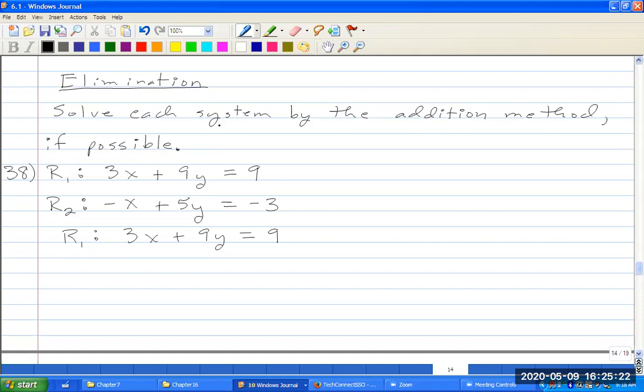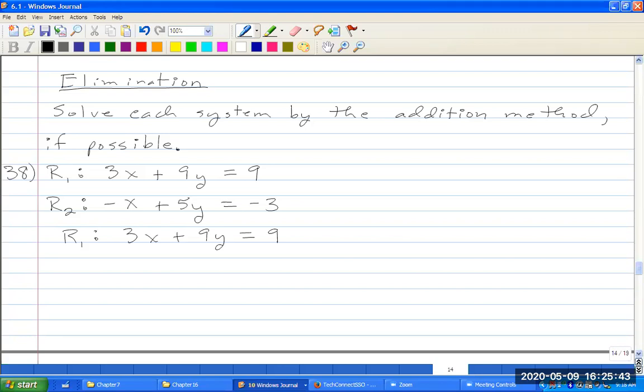Now let's use elimination. Solve each system by the addition method, if possible. Elimination is sometimes called the addition method, subtraction method, addition subtraction method, elimination by addition, elimination by subtraction.